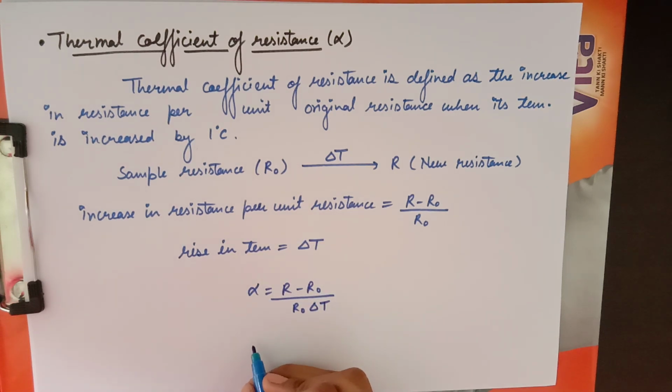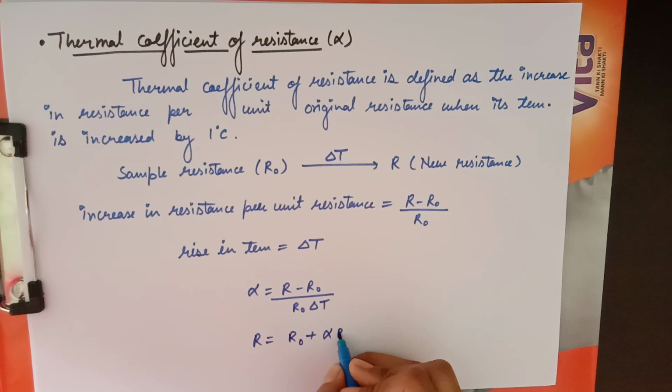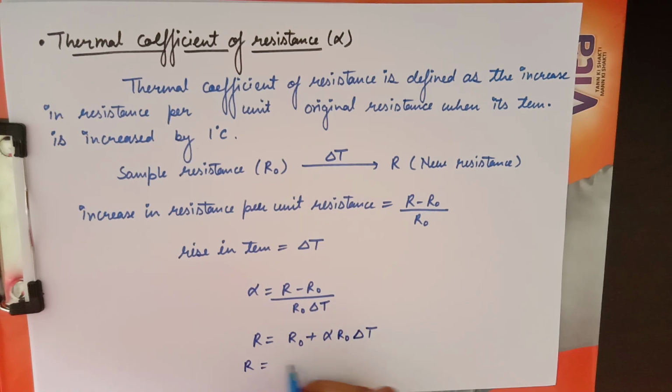So from here I can write it as R is equal to R0 plus alpha R0 delta T, or R will be equal to R0 times 1 plus alpha delta T, where alpha is thermal coefficient of resistance, R is the new resistance, and R0 is the original resistance.